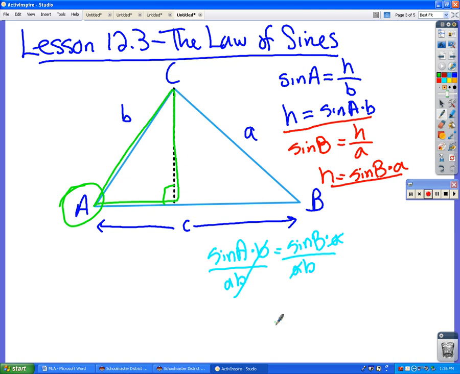No, because I don't know the length of the adjacent side, because C is split somehow by this altitude. So when I developed this to use it on non-right triangles, the only trig thing that I could use was the sine ratio, because the other ones use adjacent and I don't know what this is. We're going to do something a little bit different tomorrow or maybe the next day, which is a lot of cosines, okay? So we're going to find a way to make that work, but this simple proportion only works with the sine function.